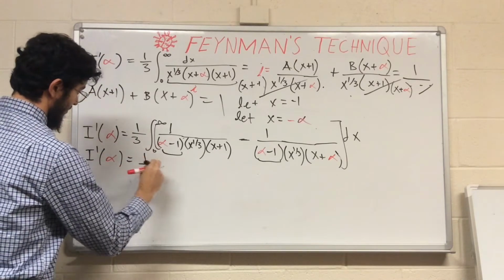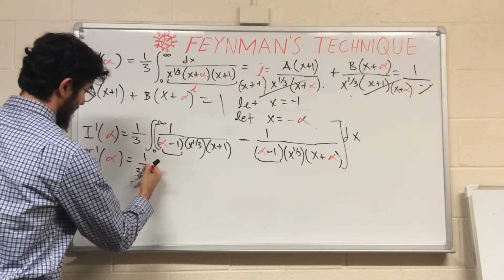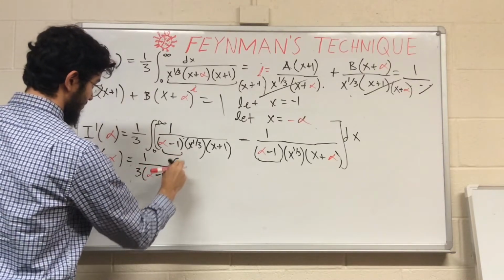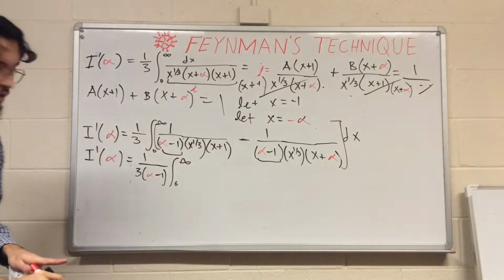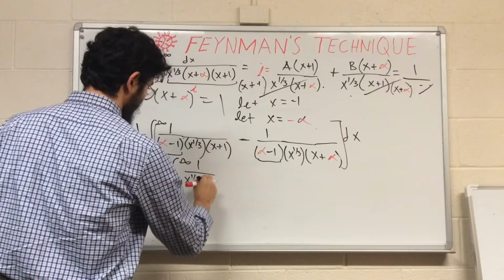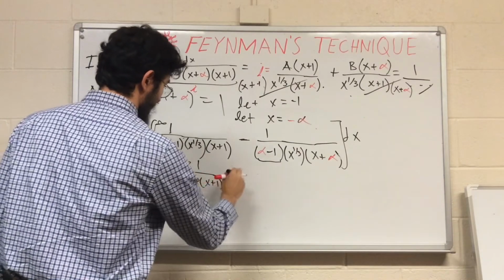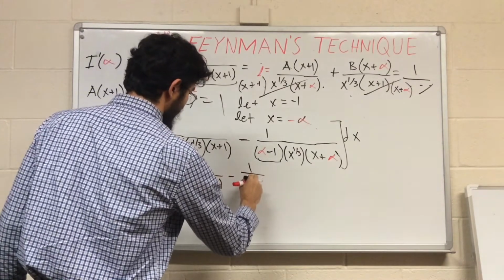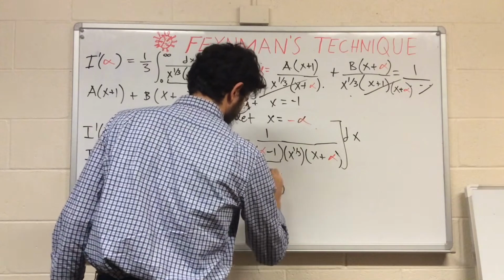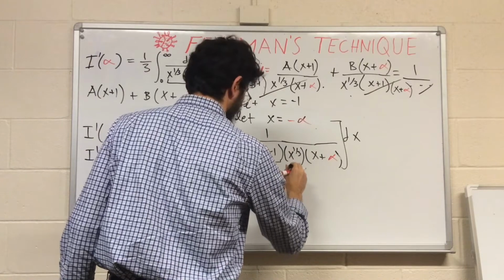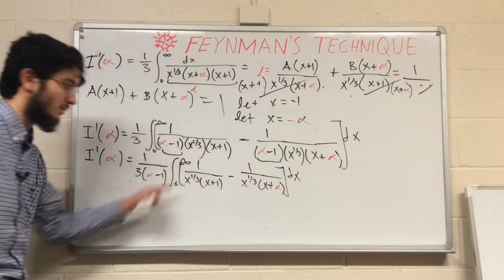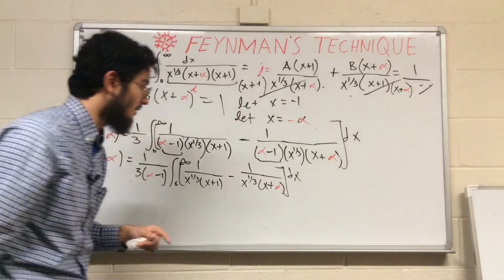So that's going to be 1/3 times alpha minus 1, okay, times the integral from 0 to infinity of 1 over x to the 1/3 times x plus 1 minus 1 over x to the 1/3 times x plus alpha. And all of that multiplied by dx. So this is what comes out of that.